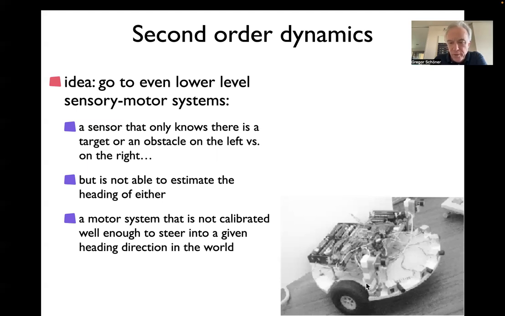And two motors on the two sides are, again, not well calibrated. What you need is that the errors accumulate slowly enough, so that the connection to the world through the sensors will be enough to compensate for any errors.